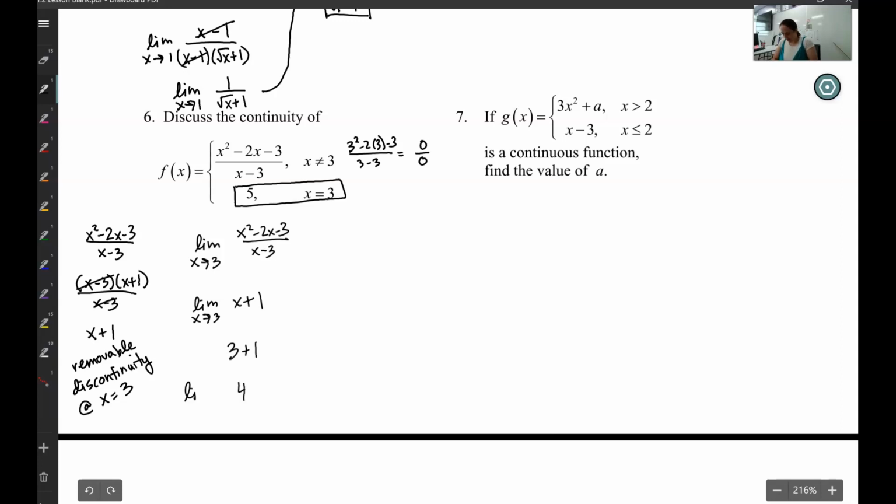So the limit as x goes to 3 of this first part is 4. But if we look up here, they tried to fill it with 5. So 5 is not going to fill the hole, which means it is still a removable discontinuity.